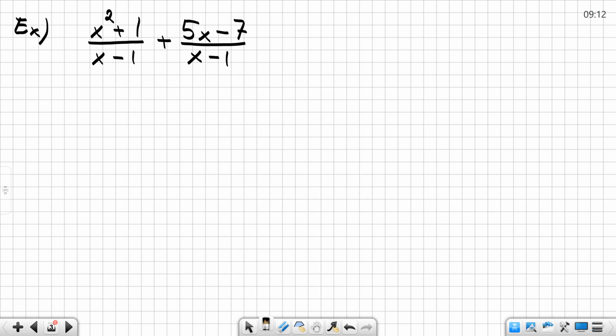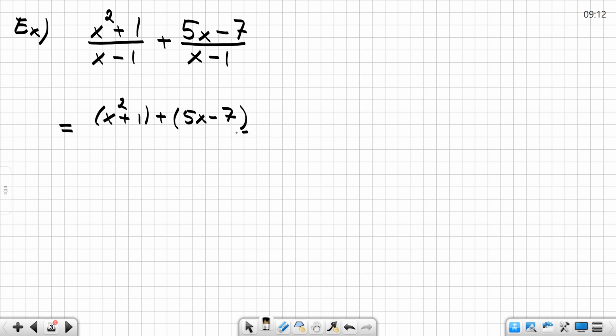If I were to add (x squared plus 1) divided by (x minus 1) and (5x minus 7) divided by (x minus 1). So the same thing as before. They both have the same denominator. And that means all I really do is add, in this case, the numerators.